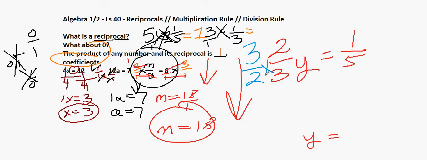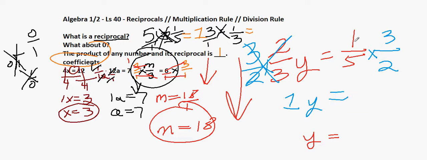If I multiply this side by 3 over 2, I have to do the same thing to both sides. 3 over 2, 3 over 2. Don't make this 2 over 3. Always 3 over 2 for this one. Crosses out and gives me 1y. I like that. No simplification or canceling, so I'm just going to go across and go across. 1y, you can drop that 1. So therefore, it's just y equals 3/10.